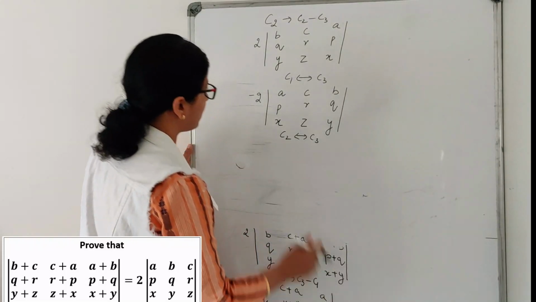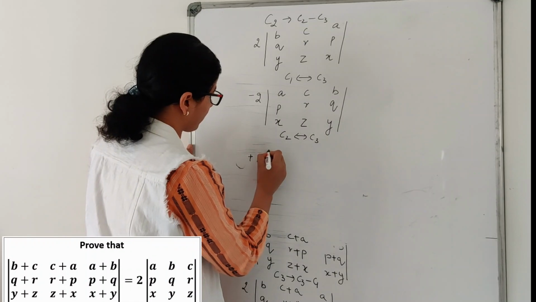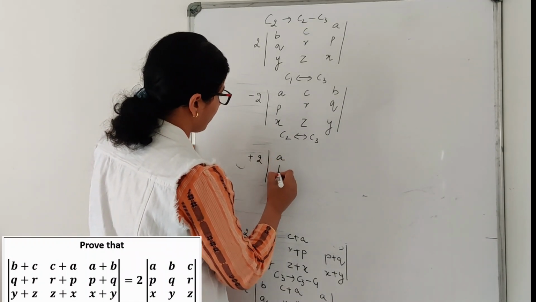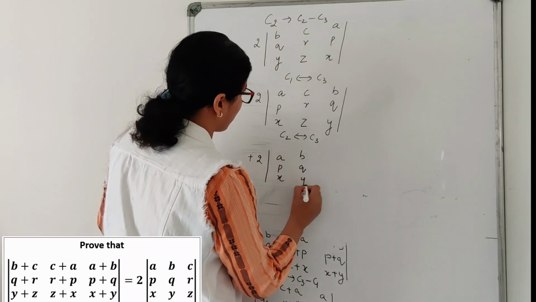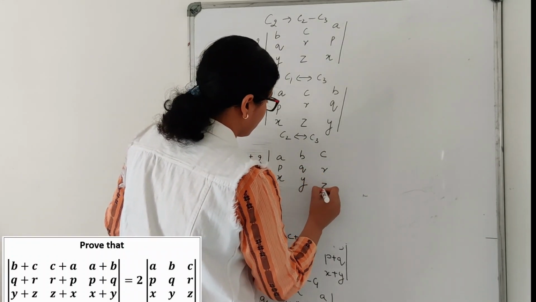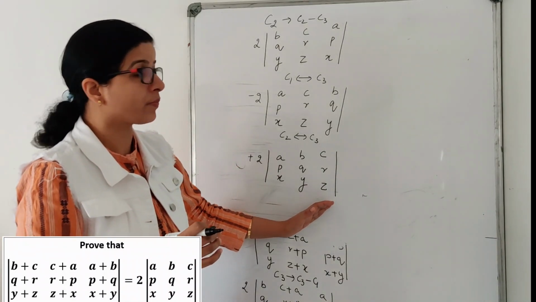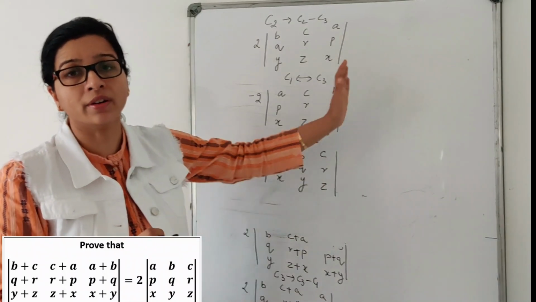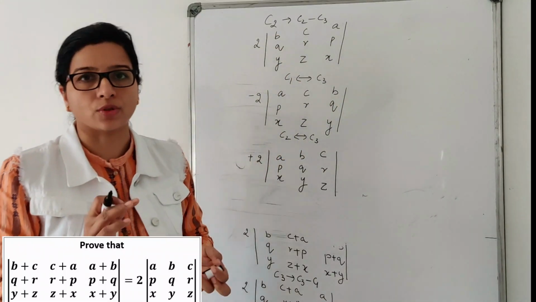So what I am getting here, again a minus sign will come. So minus minus plus 2, A, P, X, B, Q, Y, C, R, Z. This way we get the required determinant which is on the right hand side. Is that clear? Now we'll move to the next question.